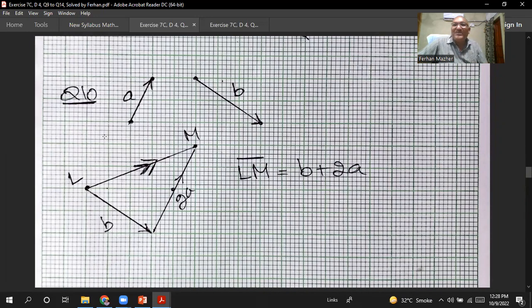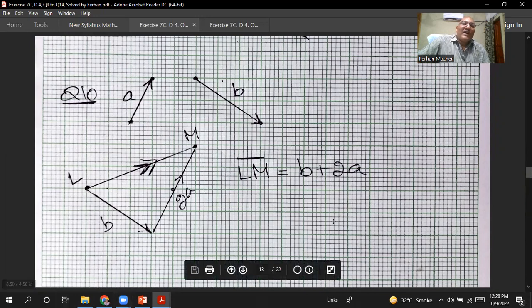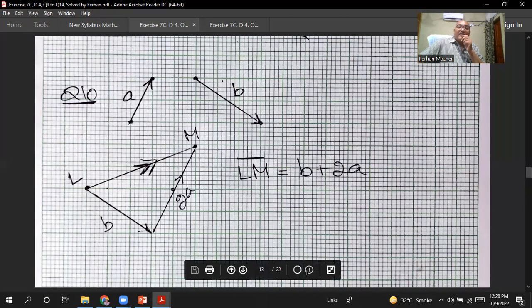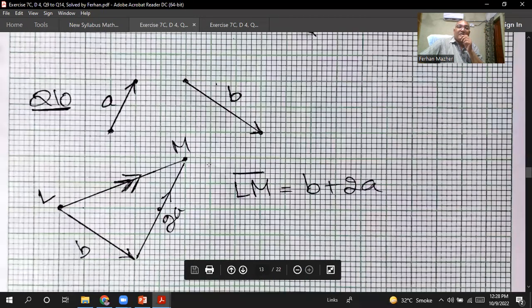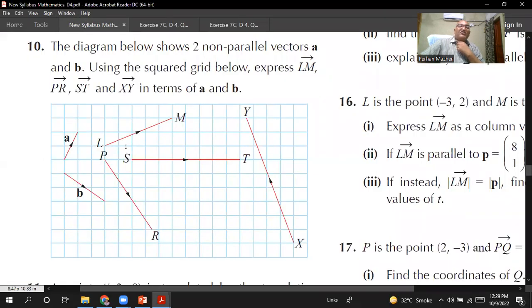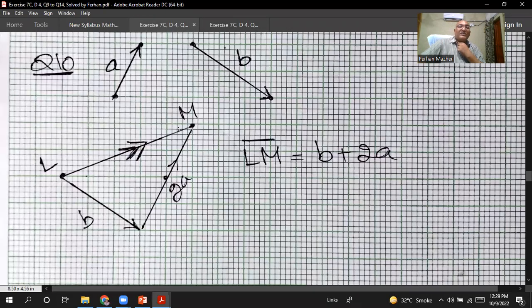So this is how you present the A, one step to the right, two steps up. This is B, three steps to the right and two steps down. And so what I will do, I will try to represent LM. Let me show you. So this is LM, which is given in the question. It is 1, 2, 3, 4. 4 steps to the right, 2 steps up. Okay, so I have drawn that on the graph paper. 4 steps to the right, then 2 steps up.